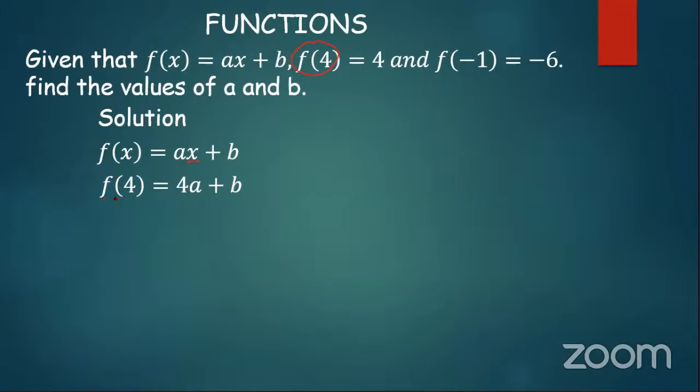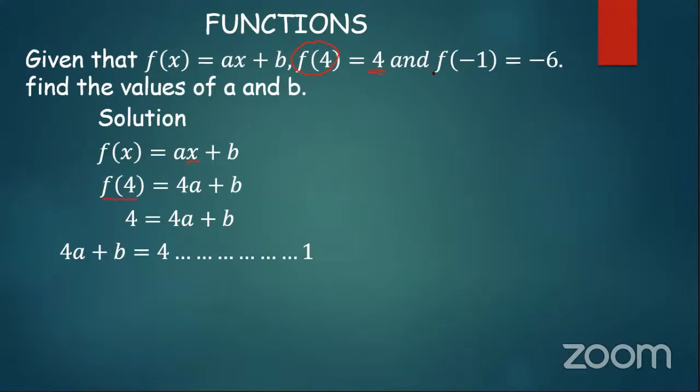But our f of 4 was given as 4, so f of 4 is equal to 4. So we say 4 is equal to 4a plus b. Are we there? Then we rewrite this one, and it becomes 4a plus b is equal to 4. And that is fine.